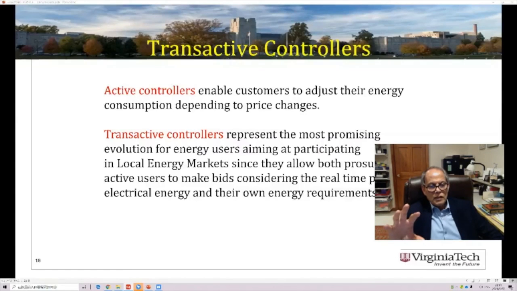All those can be used depending on price: if the price is high, you don't use them. That means you can adjust when to run the water heater, when to run the clothes dryer, when to run the air conditioner, depending on the price information. So that's active controller, meaning these are load people. The transactive controller deals with supply people. Okay, next page, please.